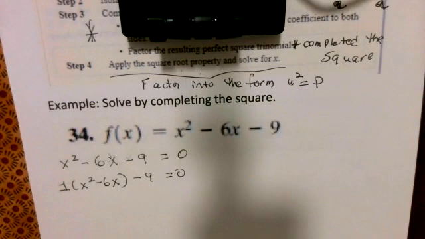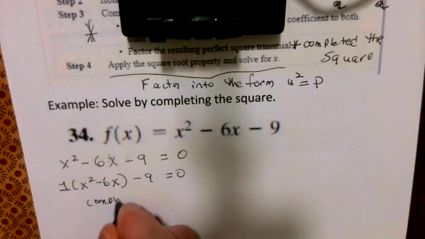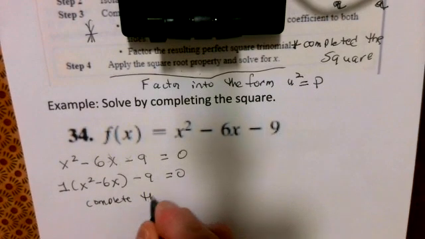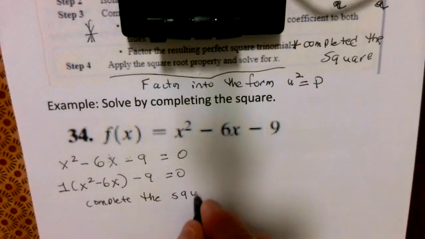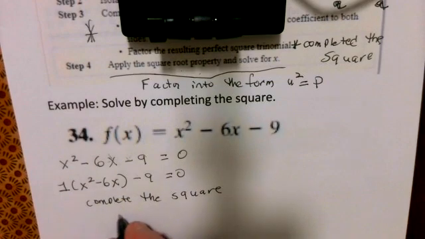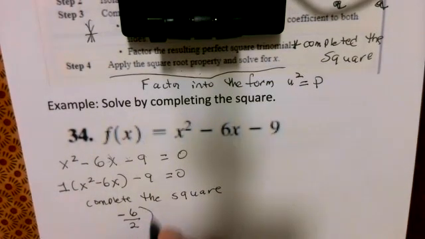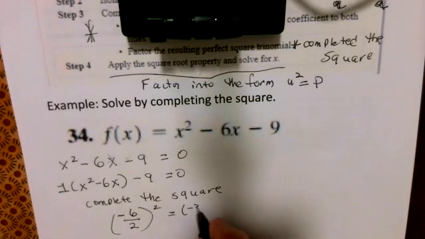Now, then what I'm going to do is complete the square. I'm going to figure out what to add to both sides to make this a perfect square trinomial. The way you do it is you take the middle coefficient and you divide it by 2 and you square it. Okay, so that's going to be -3 squared, which is going to be 9.